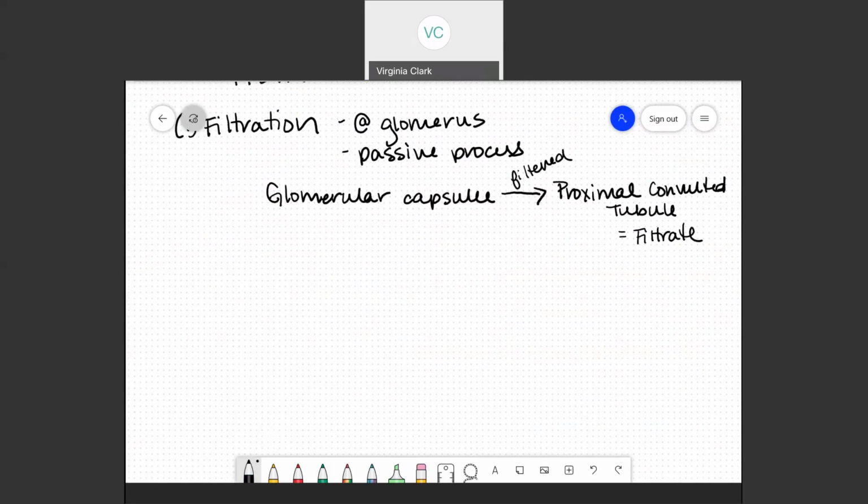The next part is going to be reabsorption. And with reabsorption, it's going to be tricky to think about. So reabsorption will occur at the PCT.